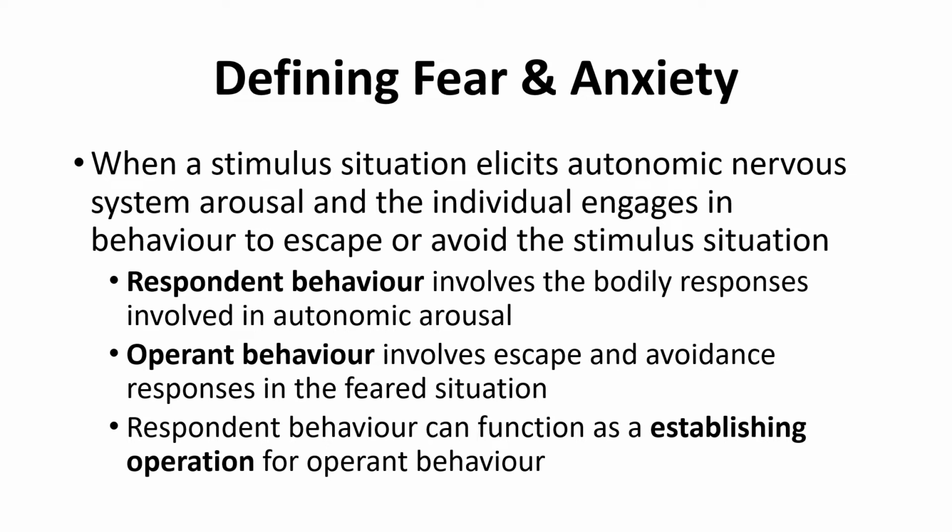We can frame this as a respondent behavior that's involving those bodily responses involved in that autonomic arousal. So when you feel that sort of rise in your heart rate or the quickening of your breathing or something like that, that's an increase in autonomic arousal. And I always remember it as autonomic means automatic. These are things that happen sort of without your awareness.